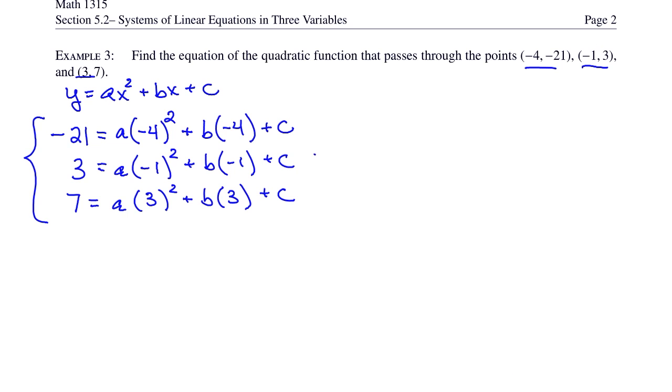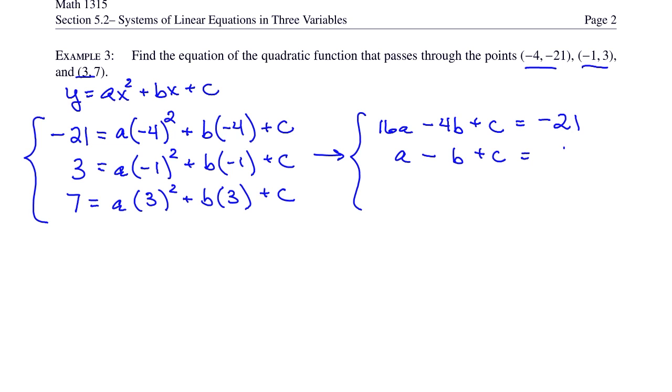All right, so let's simplify the system a little bit. I'm going to switch everything back around so that the variables are on the left and the constants are on the right. So this is going to be 16a minus 4b plus c is equal to -21. Right, switching them around. The next one would be a minus b plus c equals 3.